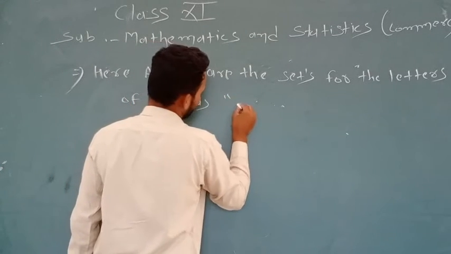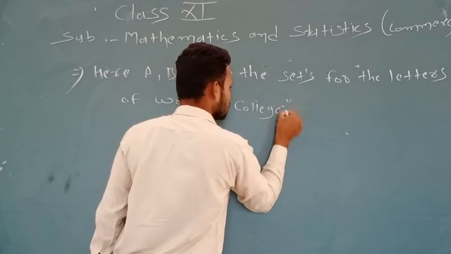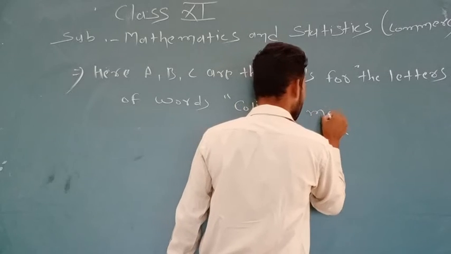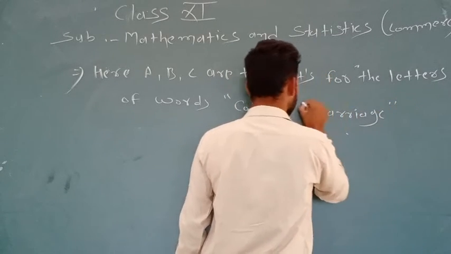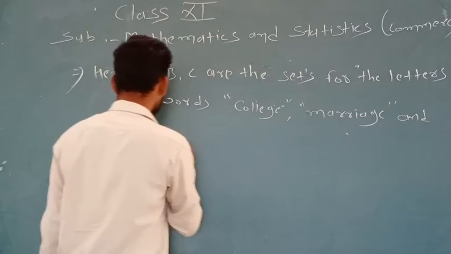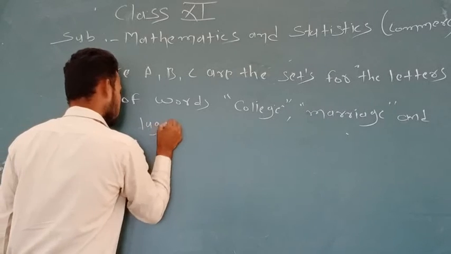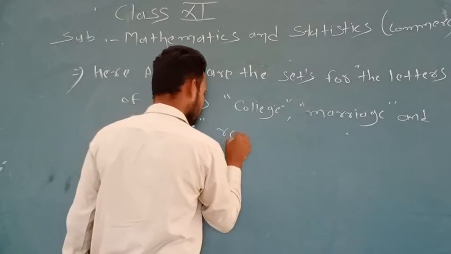Which words? The first is college, the second is marriage, and the third one is luggage respectively.